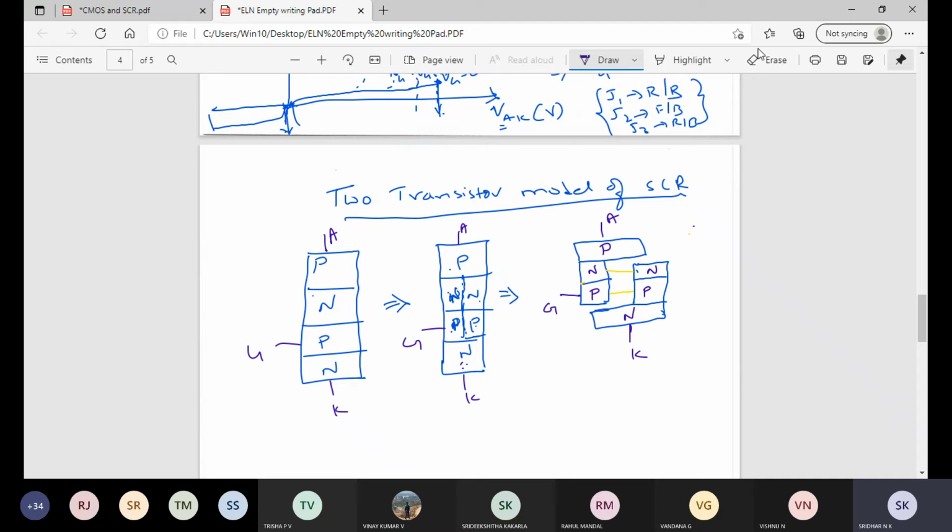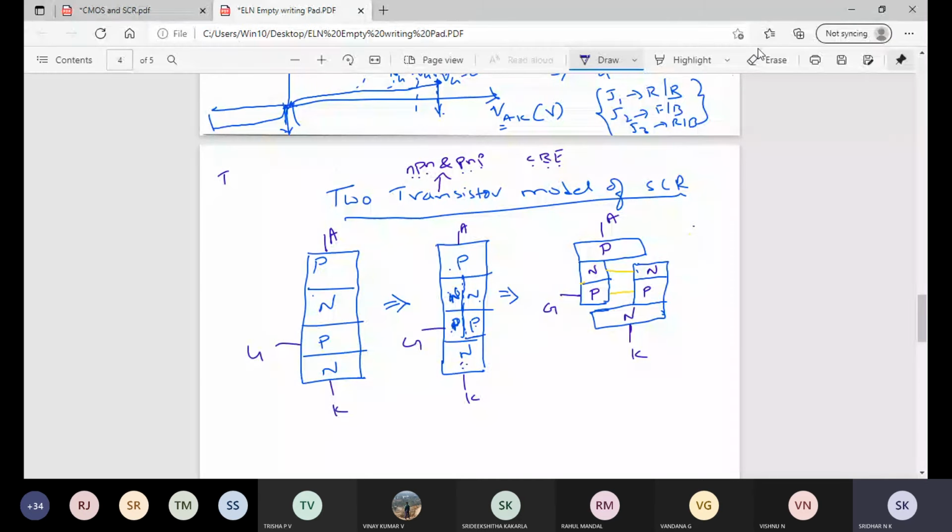You can notice here, NPN is a three layer device, and PNP is also a three layer device. It is a three layer and three terminal device. The terminals are collector, base and emitter. These are the three terminals that will be available in a transistor.